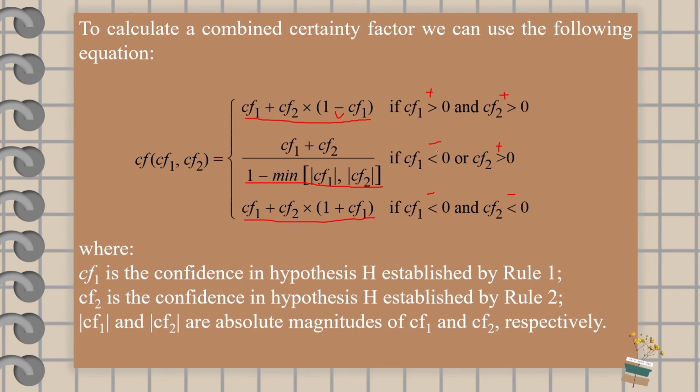If negative and positive, then we are using this formula: 1 minus the minimum of the evidence. Then if both negative, we are using 1 plus CF1.